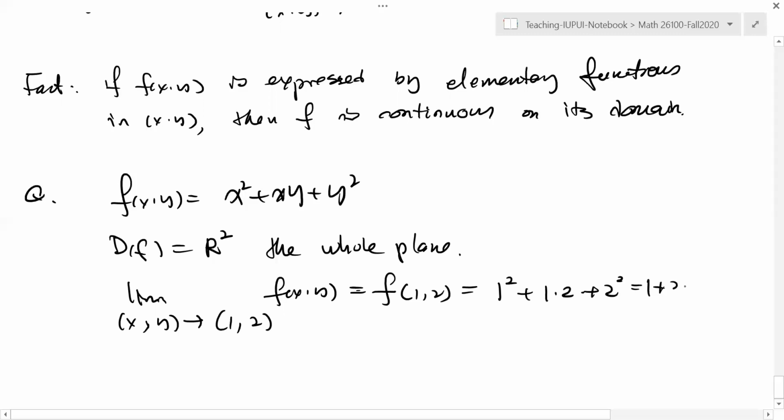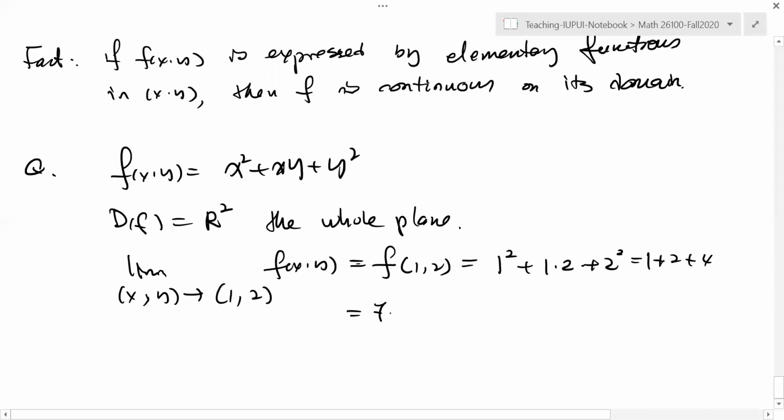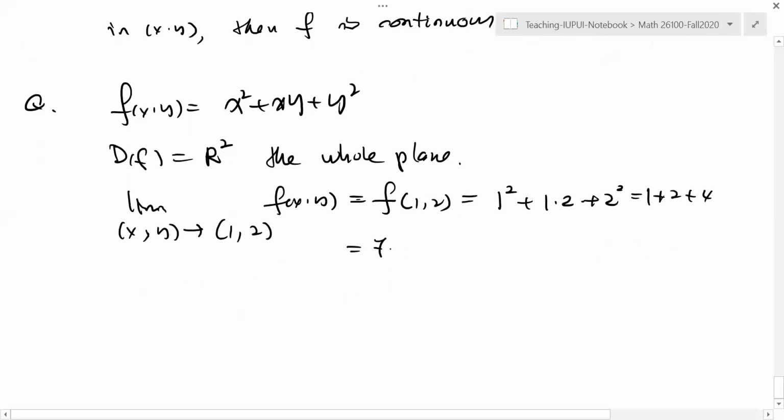So it's 1 plus 2 plus 4, which is going to be 7. We can do this because the function must be continuous at that point, so the limit is just the value of the function. It's easy to find the limit if you know the function is continuous.